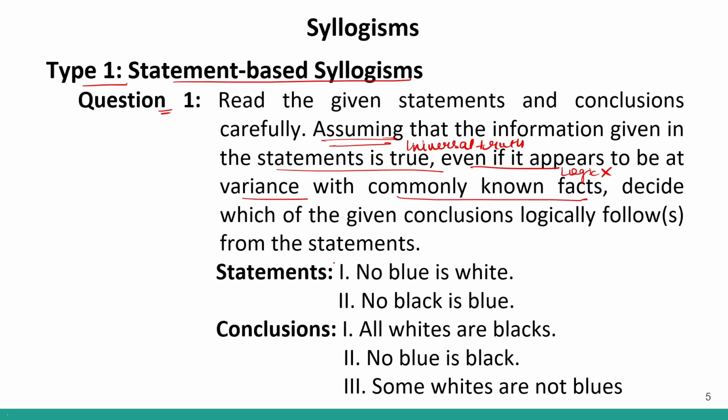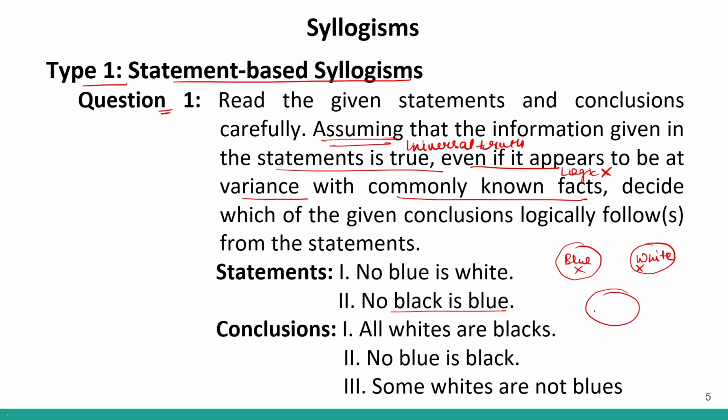Now, statement 1 says no blue is white. So blue and white will not overlap, correct? They are separate entities, so I am drawing a little cross to depict that they are not overlapping. It is given to us no black is blue.